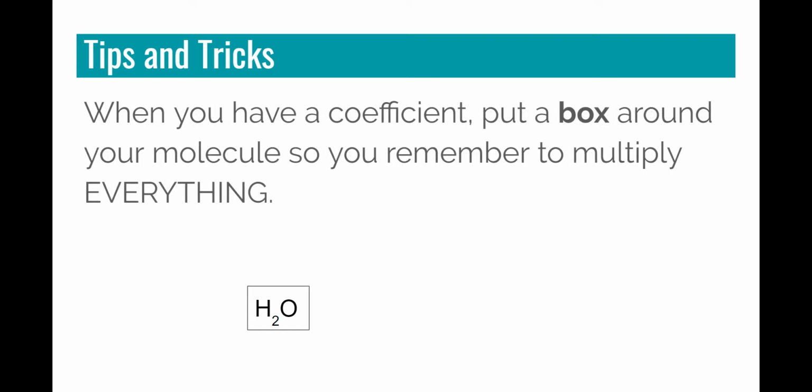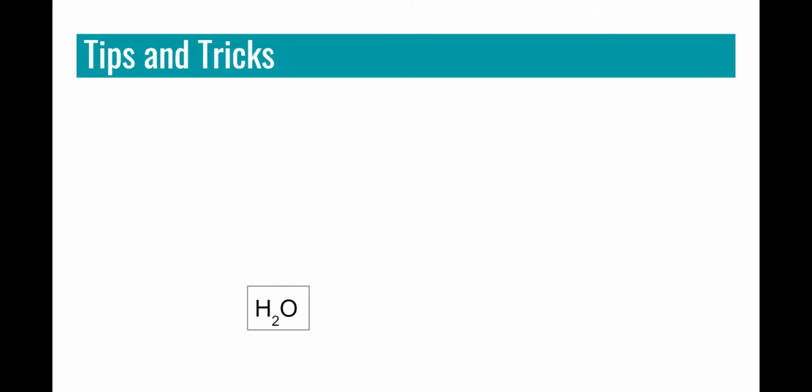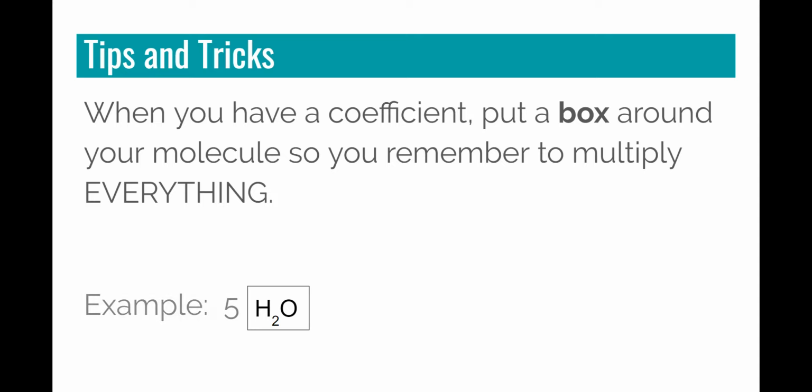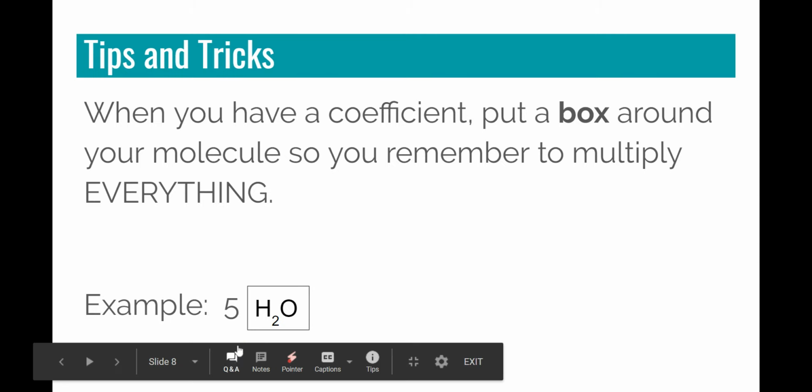So just a couple tips and tricks to help make this easier for you. Whenever you have a coefficient, you should put a box around the molecule. This box is going to help you remember to multiply the entire molecule by the coefficient.